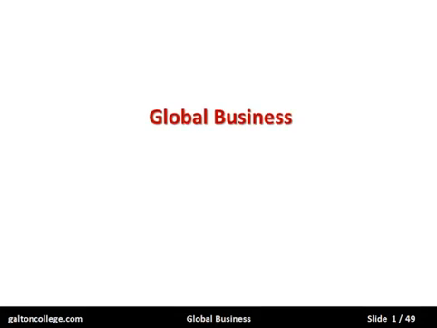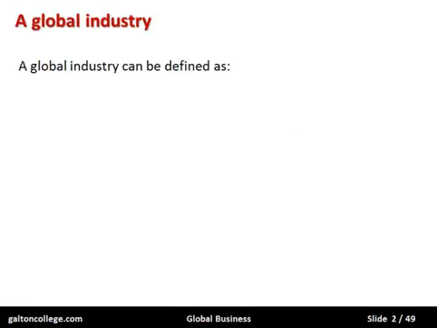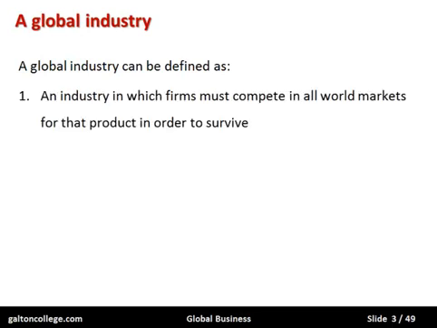This video will deal with global business. A global industry can be defined as an industry in which firms must compete in all world markets for that product in order to survive.